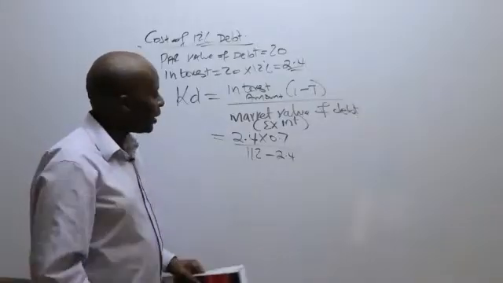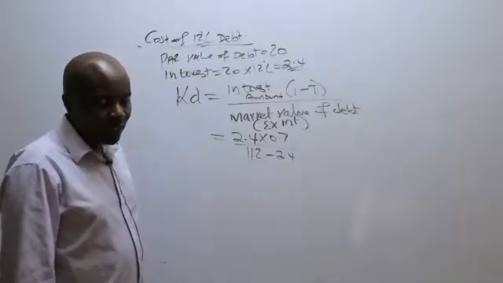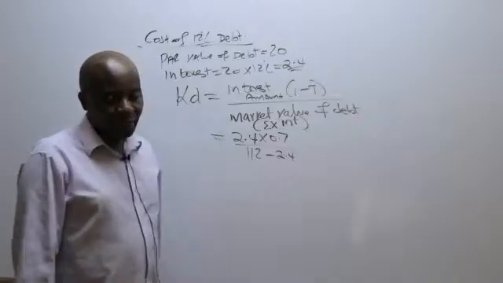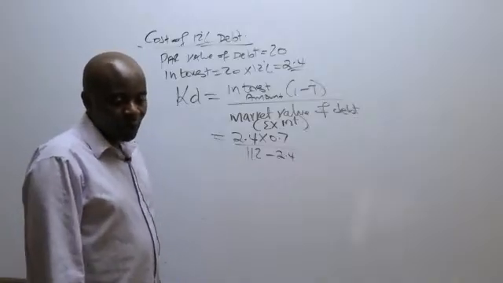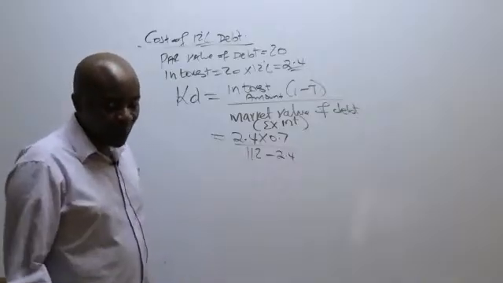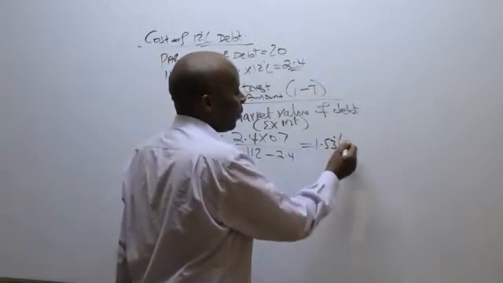The final answer here. KD stands for cost of debt. Final answer for cost of debt. What are they able to get? Please don't remain silent for too long, because we need to go to other things. Is there somebody who is getting approximately 1.53? Yes. There's somebody who has confirmed there, 1.53%.